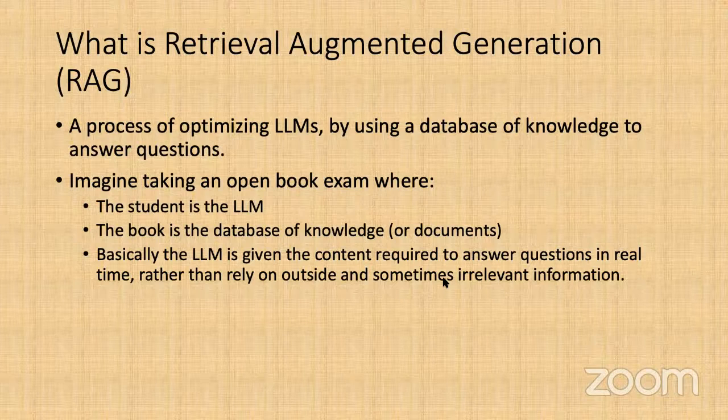You can query that documentation in real time, whereas in an open book exam, you're looking for answers in real time while taking the exam, and you have that available to you. That's another way to look at RAG: having documentation available to the model in real time while you're asking it questions, so that the model has a better understanding of how to answer your question appropriately.